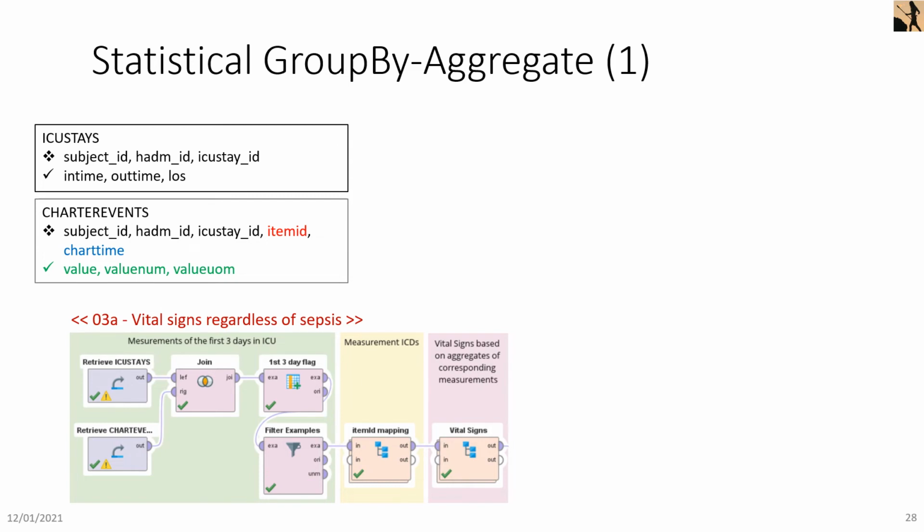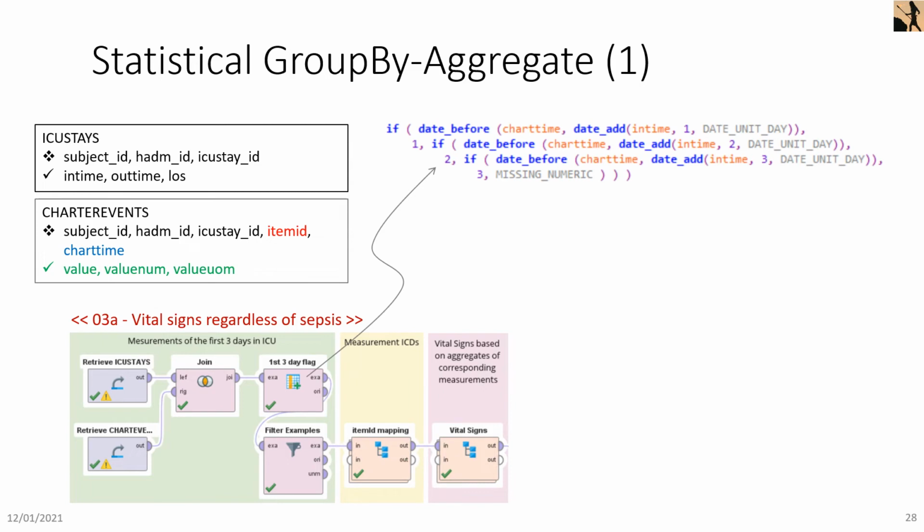Important is this: we will do the item ID mapping, and then we'll do the vital signs. So let's show what we have here, right? For the first 3 days, first of all, we use some datetime functions to determine whether it's before the second date or before the third date. Now you can see the logic will do that job.